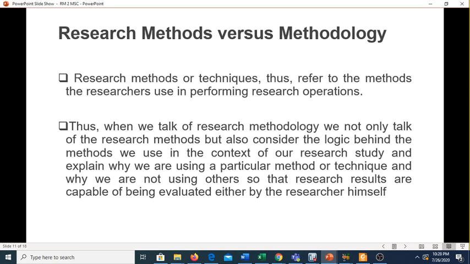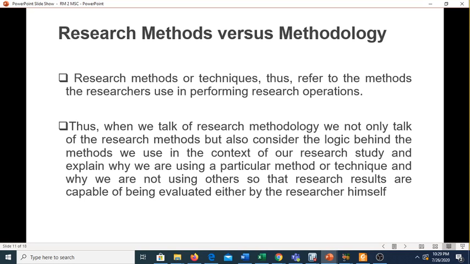These two are a bit different, in the sense that research methods define the techniques which a researcher can use in performing any research operation. Those techniques, we call them research methods. I want you to understand that.